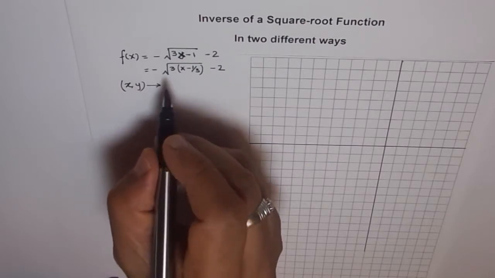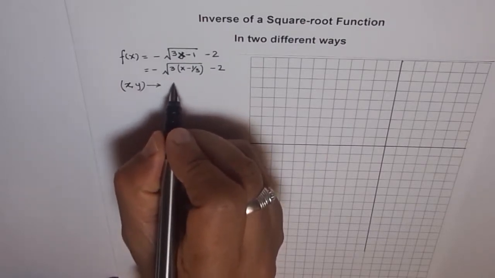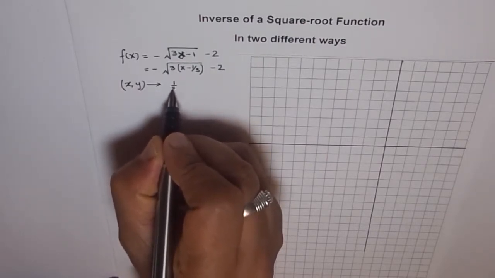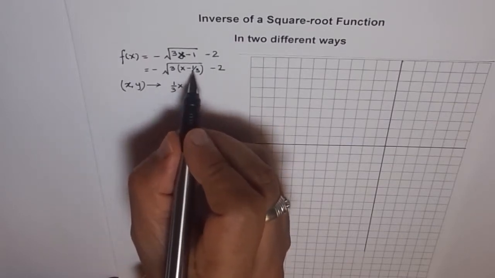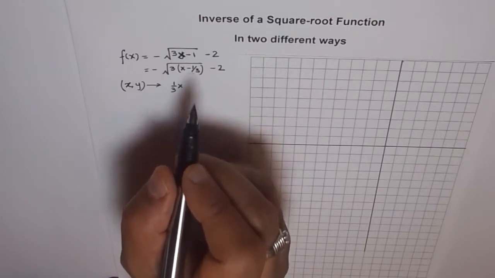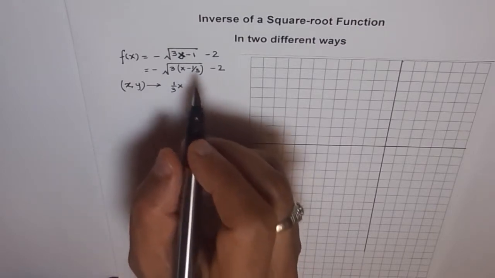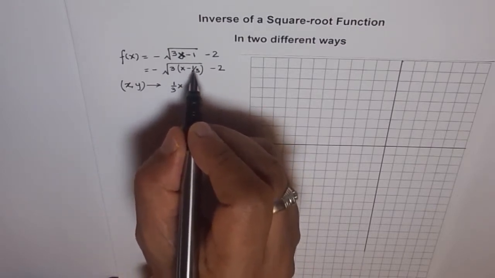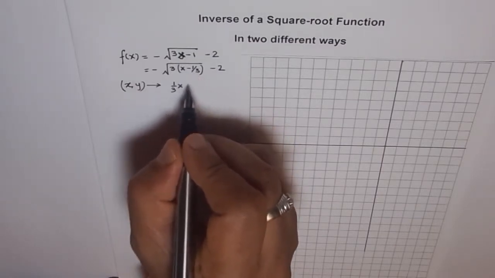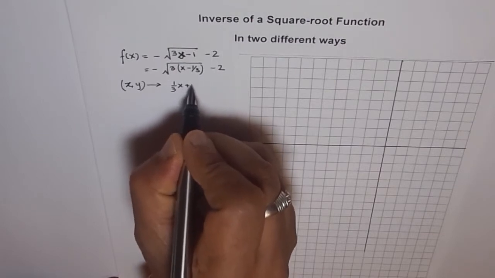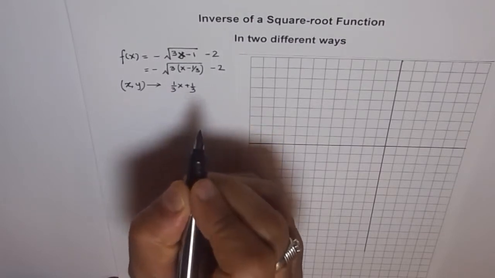So the x values will change as 1 over 3 of the original x value, and this will result in plus 1 over 3, right? Because we do just the reverse of this. So it will be plus 1 over 3.